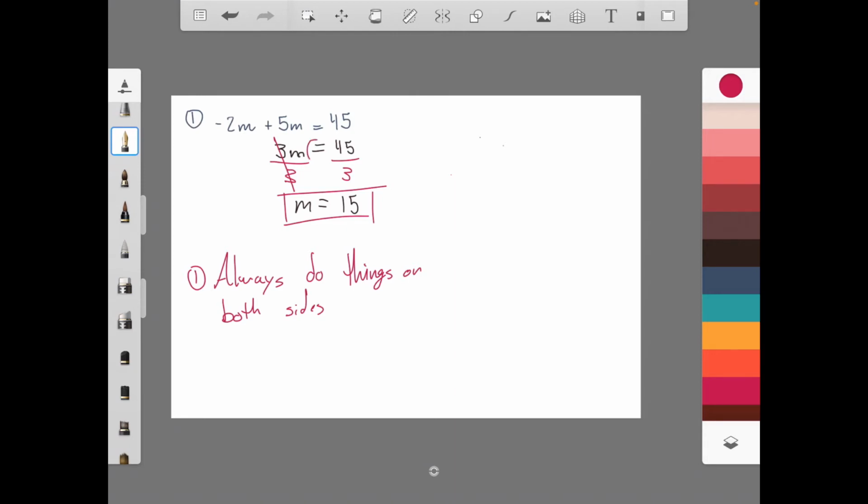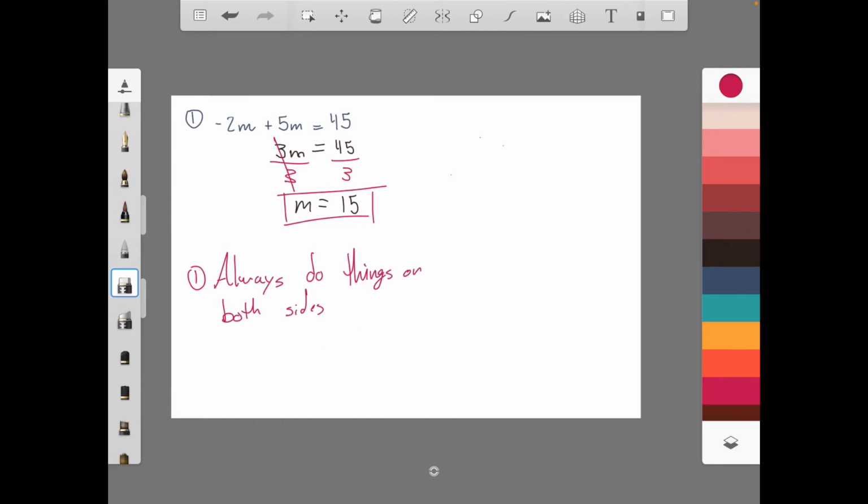Because remember, this over here states that both of them are equal, so what we do to one side, we also have to do to the other. Okay, so that's one of the most important things that you have to remember when solving linear equations.